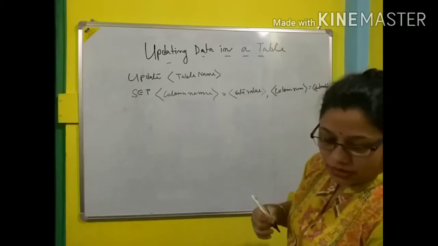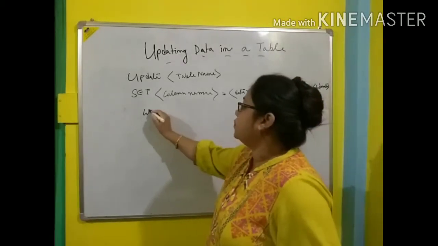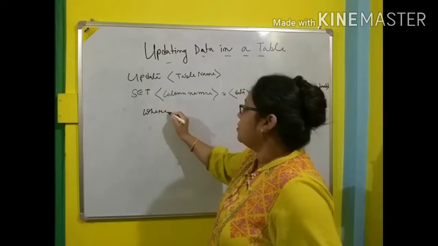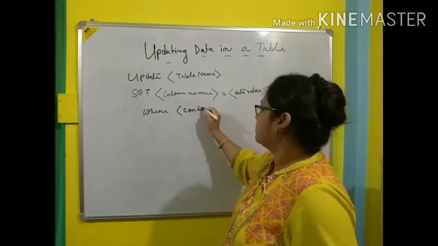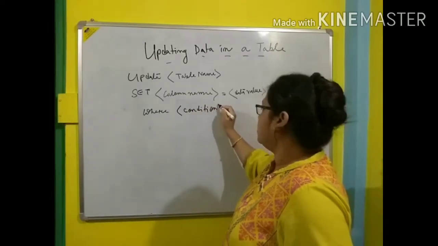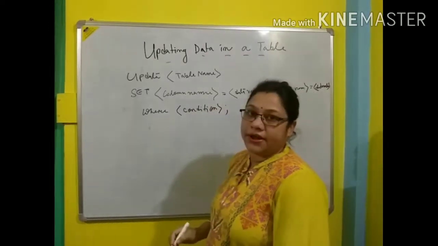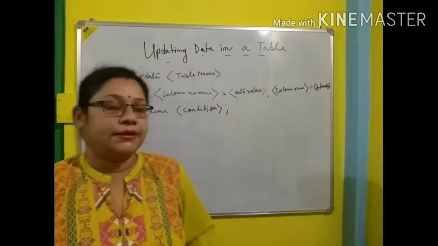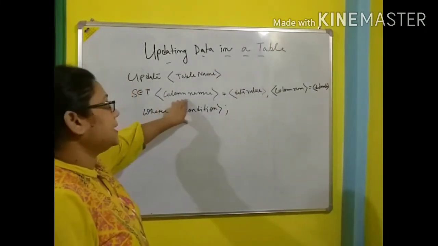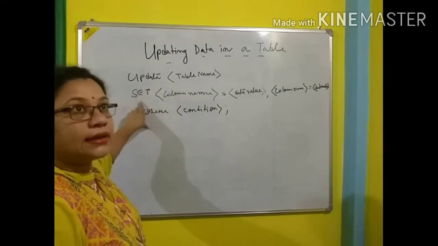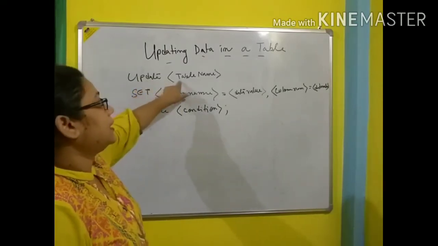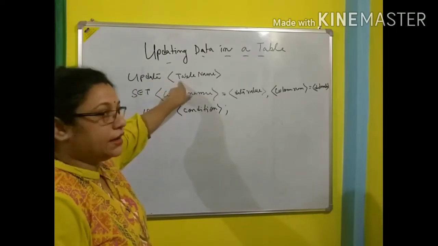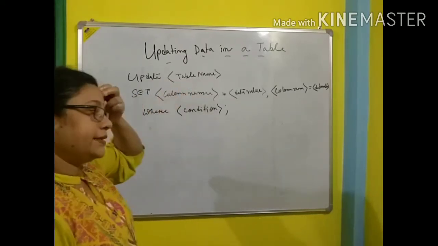After that, you can put the condition using the where clause. If you do not require the where clause, then you can skip it. So this is the general syntax for updating data of a table. For that, write update. After that, you give the table name and use the set clause.